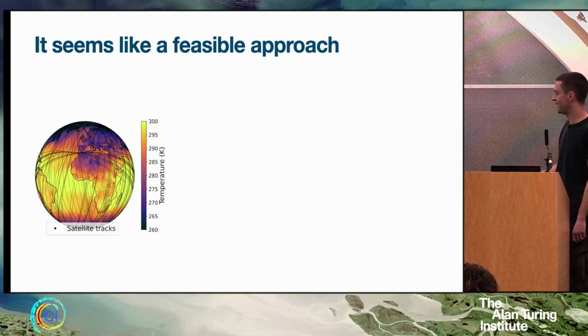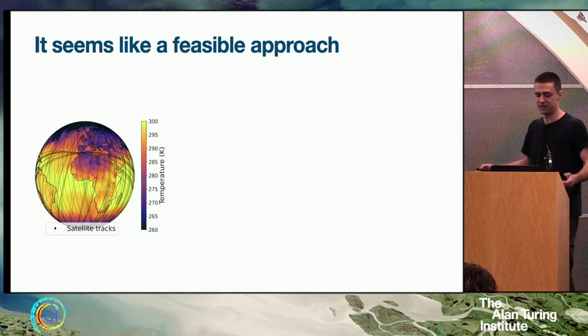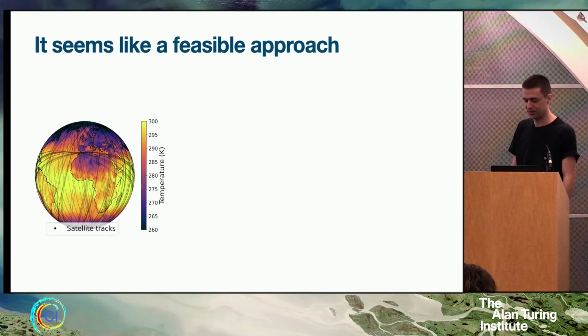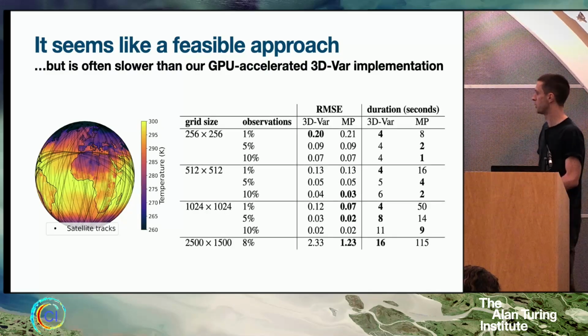Here you can see a nice picture of it working to infer this surface temperature field. We're using observations on these satellite tracks, and then we're able to infer the field, although we use ERA5 as a prior mean. So that's nice. But then I've got this huge, horrible table here.